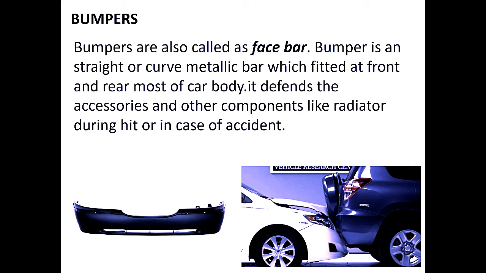It is shown in the picture separately, and when two vehicles meet with an accident, the front and rear bumpers are usually damaged, so that sort of expected damage is also shown in the picture.